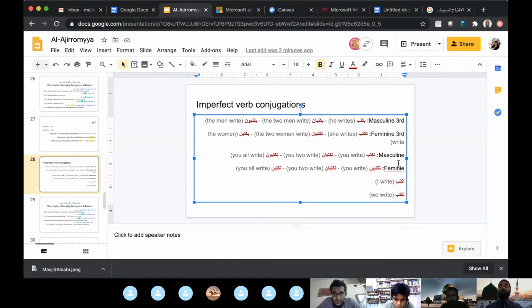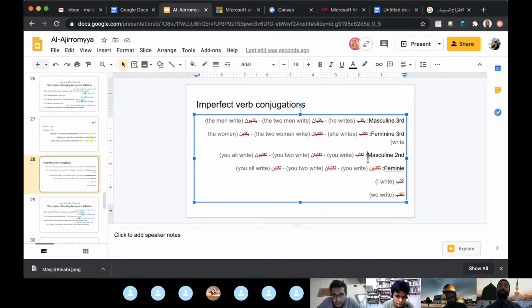Okay. Now let's go to the second person. Second person masculine. You say taktubu. That is why I told you that I added the constraint. If you're referring to the third person, the ta indicates femininity.